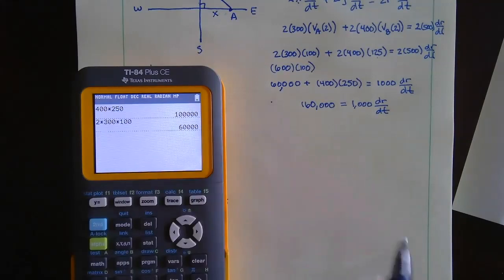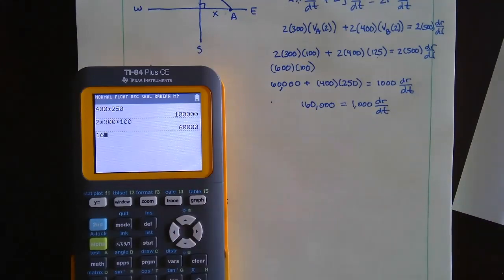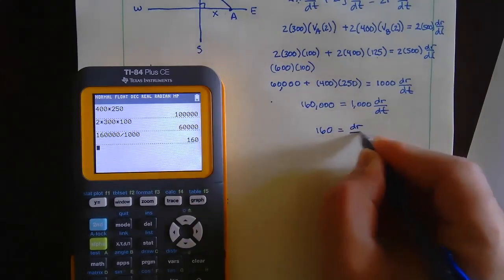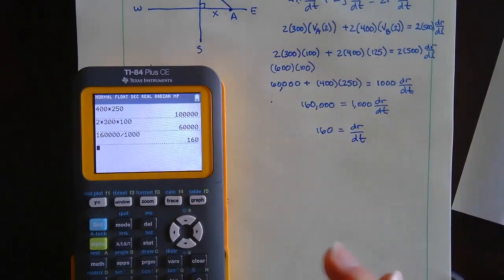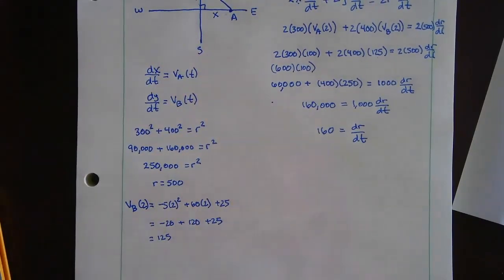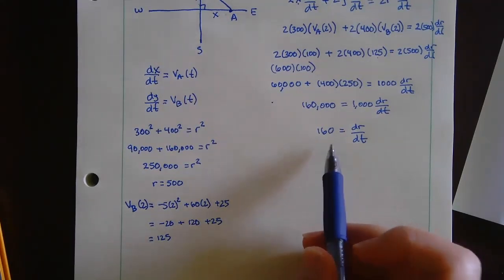Yeah, that was 60,000. Then take 160,000 and divide by 1,000, and you get 160, right? I could have done that in my head. Okay, so that means at t equals 2, the distance between them is increasing 160 meters per minute, okay?